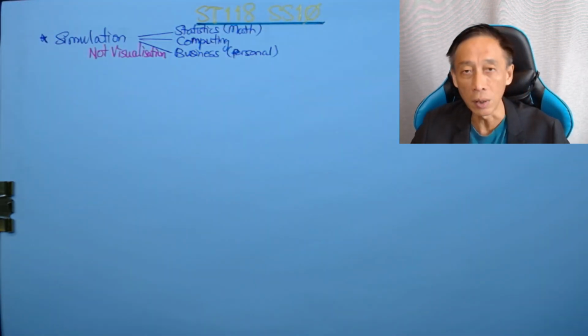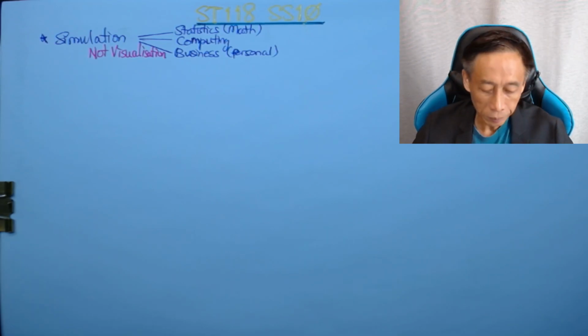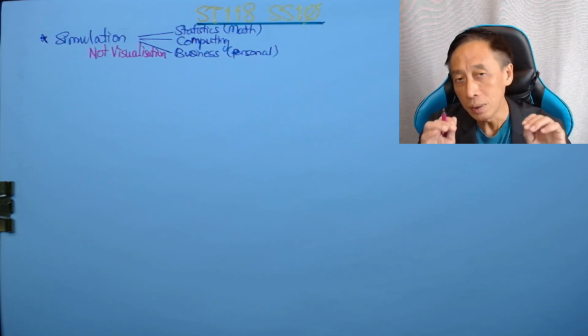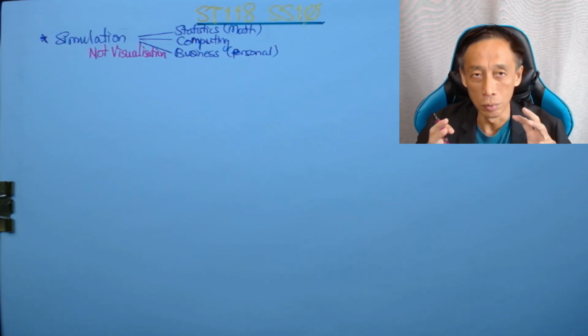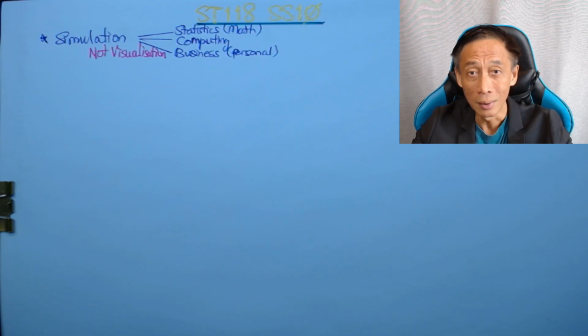So the kinds of calculation involved will be very different. Visualization is just trying to show the image, show the animation. And oftentimes we are not trying to delineate the two methodologies, simulation and visualization. Oftentimes they're used together, right?